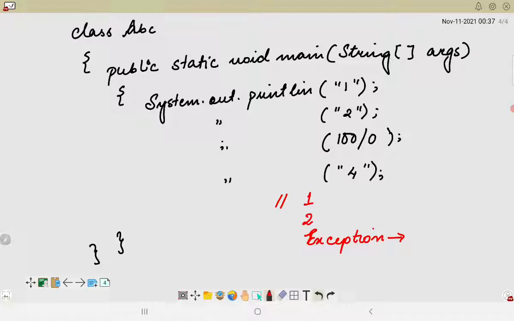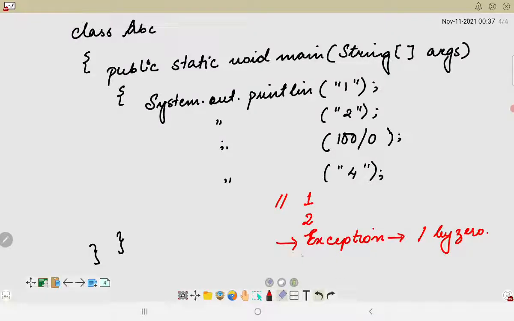It will give me an exception saying that an arithmetic exception has occurred. Arithmetic exception is a class of exceptions, and it is known as divide by 0. So there is a problem in this program, and it will not execute beyond this point. So 4 will not be displayed.